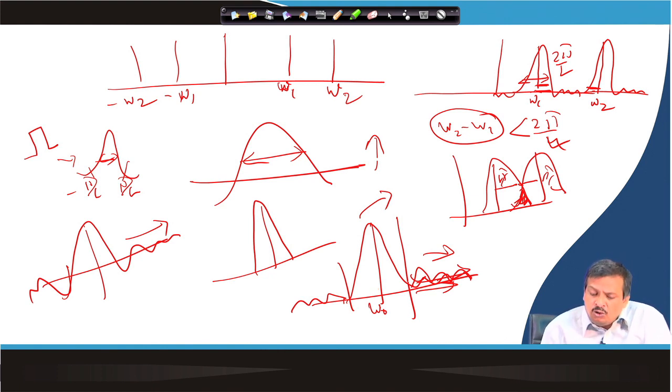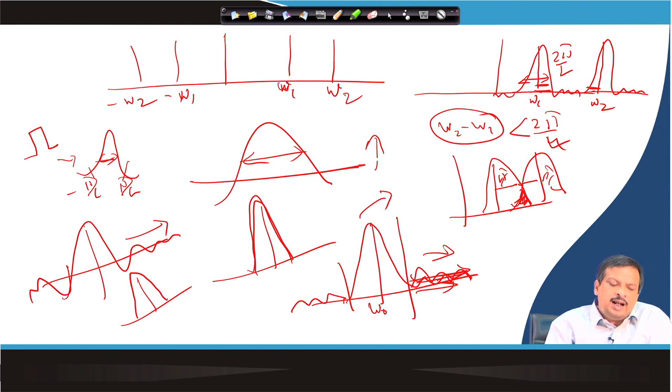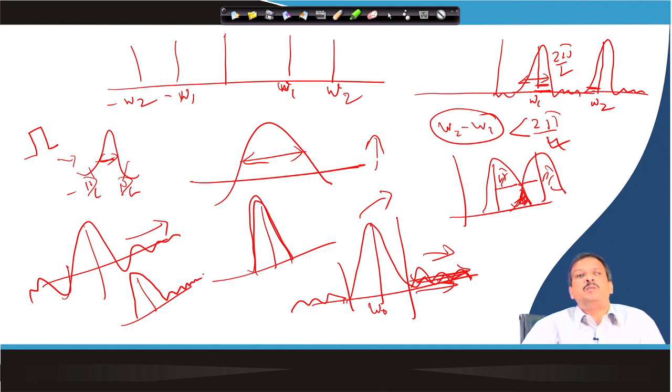I have to reduce this side lobe energy and I have to sharpen the main lobe. So, I require a window whose main lobe is very sharp and side lobe is very small. That is my requirement for defining a window. So, I require a window whose main lobe is very sharp, very narrow, and the side lobe error is very less.